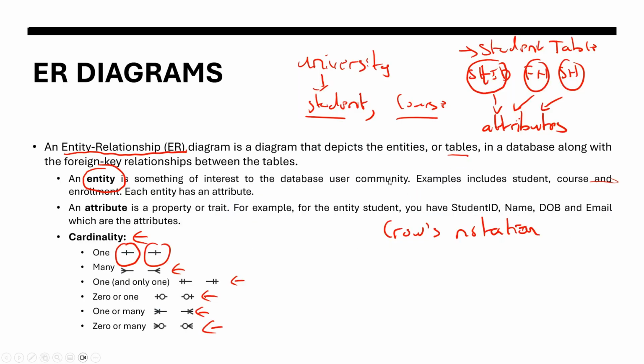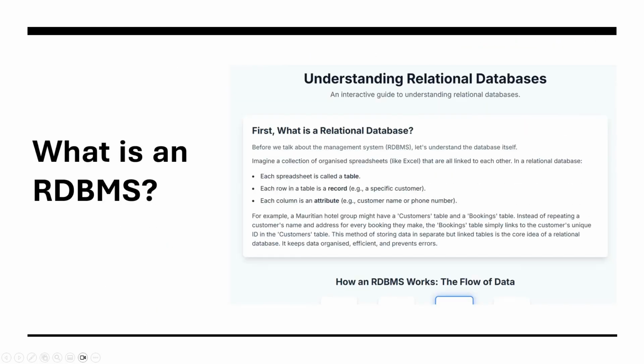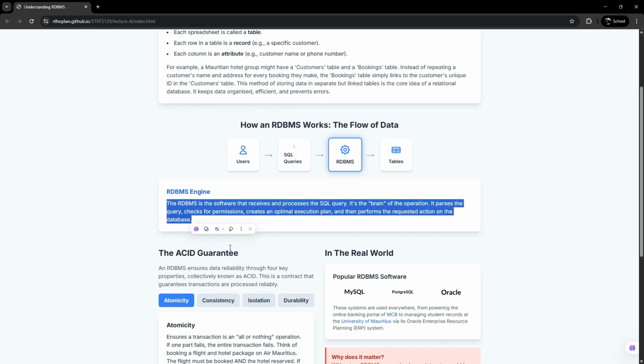So the RDBMS, as I said to you, is here to process whatever query that you have and give you the result that you want. It's what we call the engine. It's basically what is retrieving the data, processing that data, and giving you whatever result you may want from that.